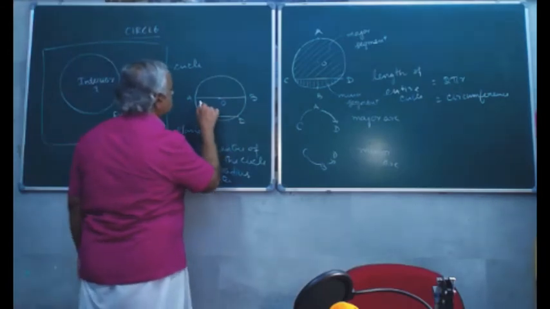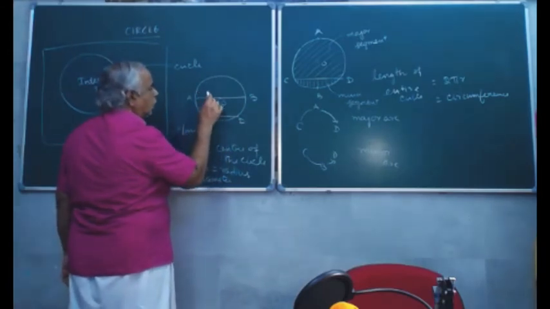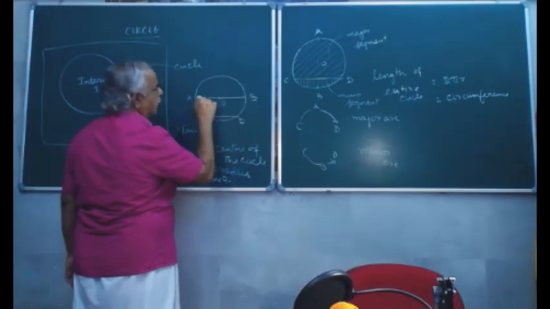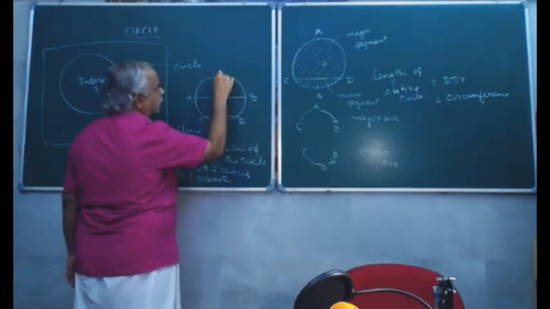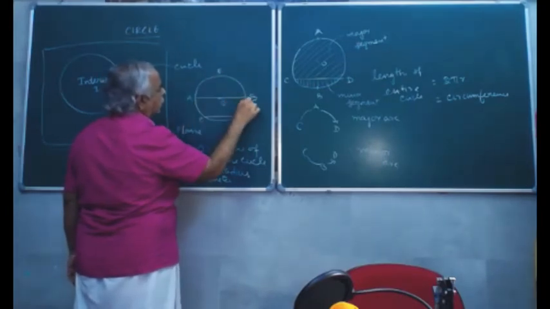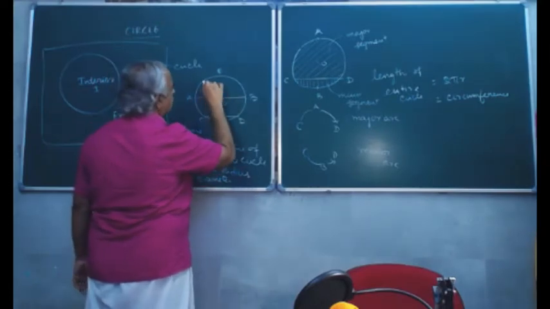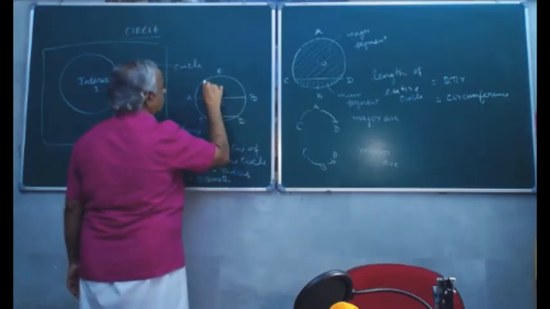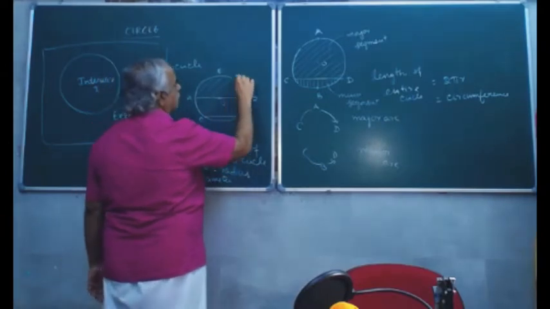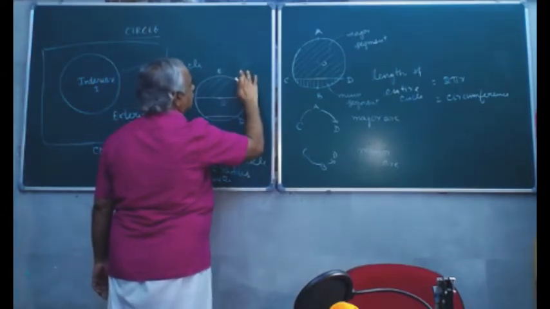Now, this portion is the semicircle. For instance, A, E, B, and again it closes. So this part is the semicircle.